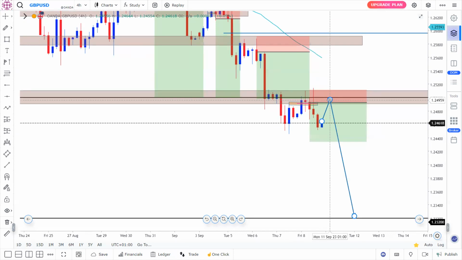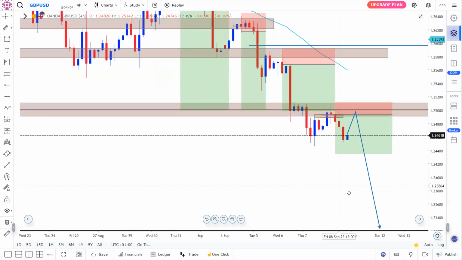If that doesn't happen, I would love to see a break and a retest of 15 minutes time frame structure level, a retest of 15 minutes time frame 50 exponential moving average, and then I would be looking to get in on yet another sell trade from this level at the open of markets next week.